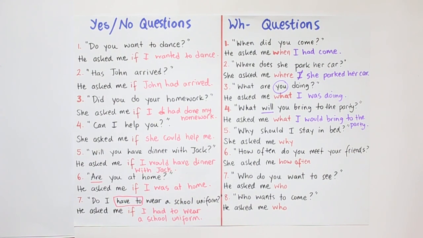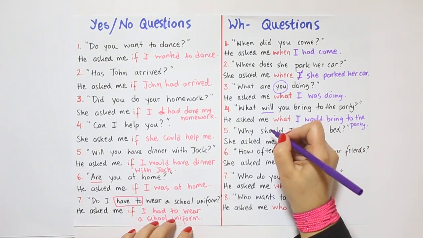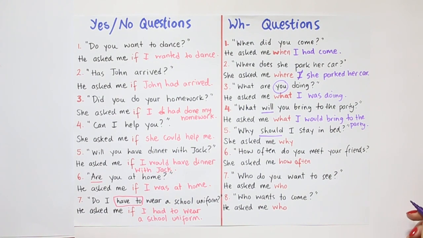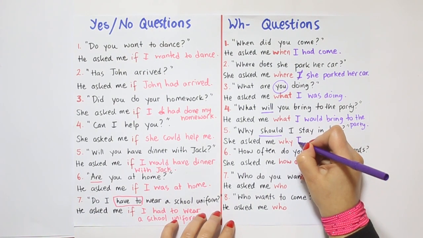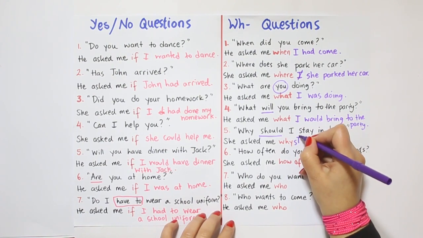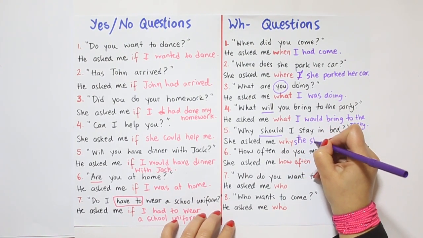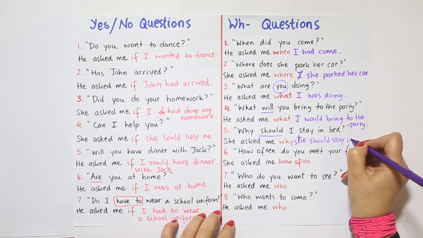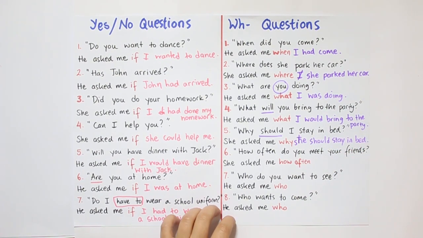Should. We talked about should and we said that should remains the same. So I really don't need to change the tense of the sentence, but I'm going to change the word order. She asked me why she should stay in bed.